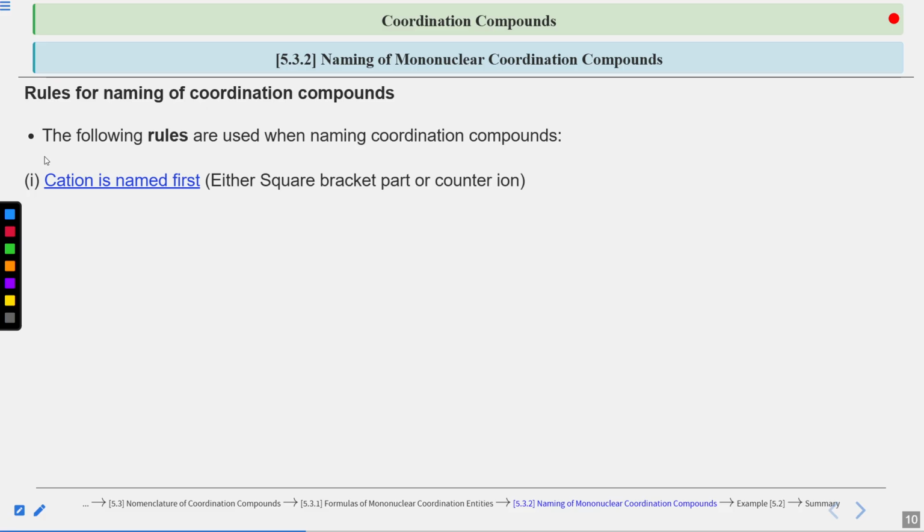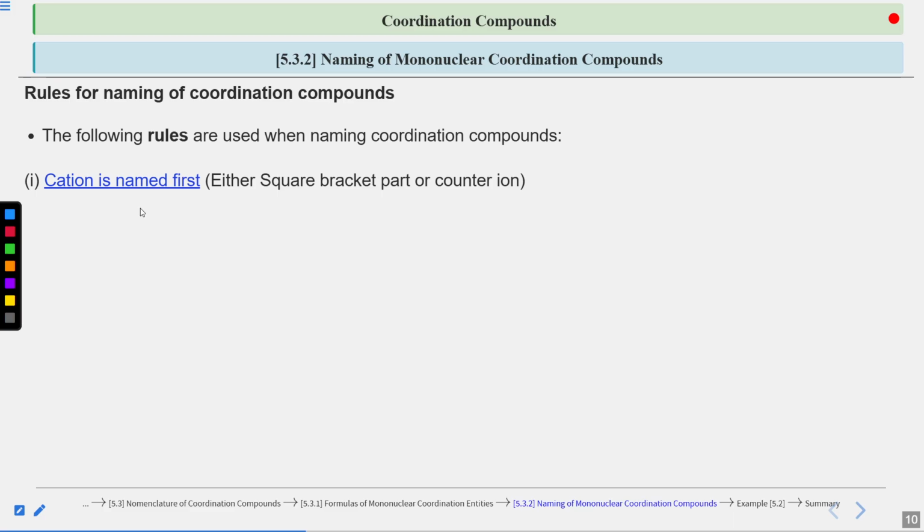Let's see. The first rule says that the cation is named first. So we have cation and anion, two types of ions present in the coordination compound. The first rule says you have to name the cation first, whether it is a part of the square bracket or the counter ion.